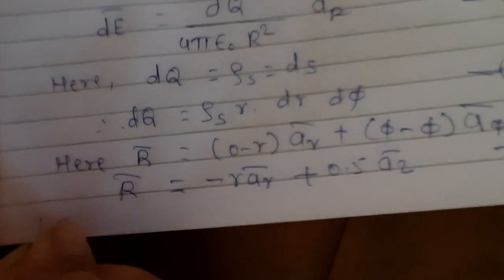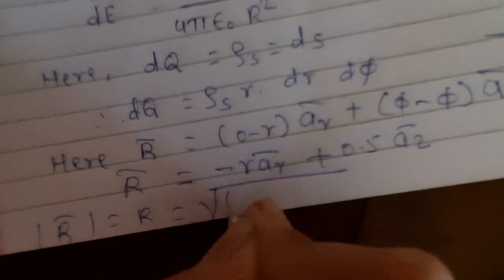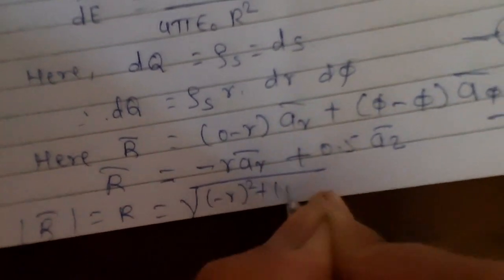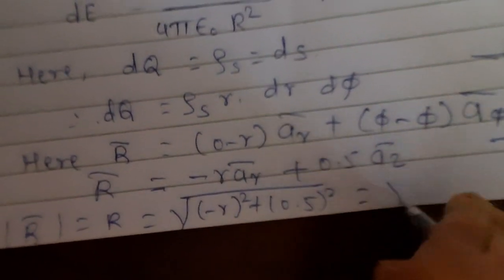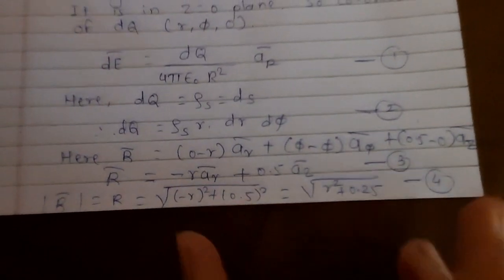And mod of r bar is square root of minus r square plus 0.5 square, so it is r square plus 0.25. This is equation 4.